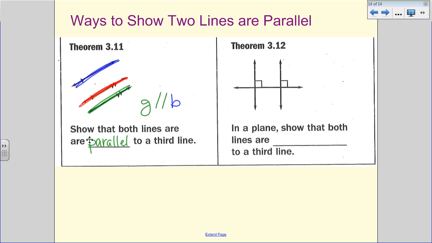And then if you're in a plane, show that both lines are perpendicular to a third line. And so because both of these lines are perpendicular, I could say that they are parallel. All right, we'll work on using those tomorrow in class.